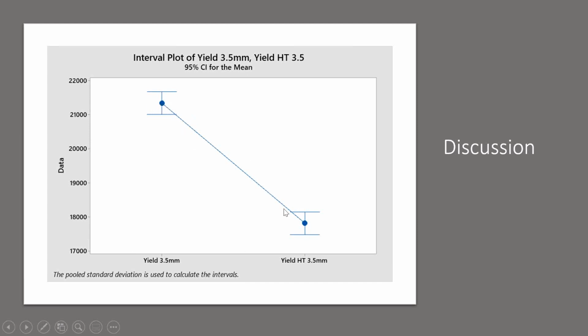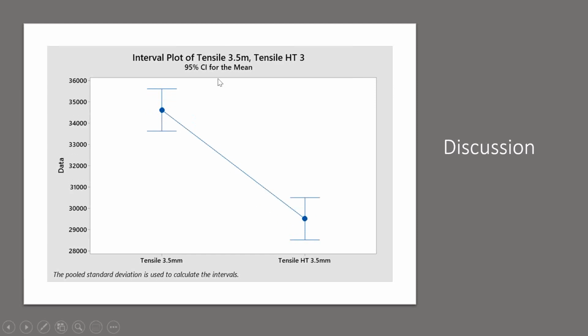Once we heat treat it, we do lose some yield, but we maintain that range. Now, I did a minimum of 30 test bars, so we got a good statistical sample from those parts. This is the tensile, so we looked at yield. This is tensile, once again, non-heat treated and heat treated.